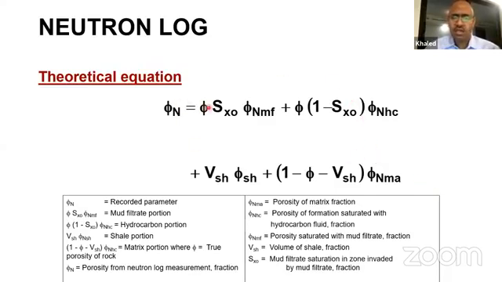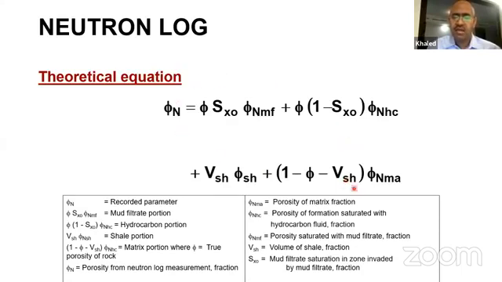So the neutron here is equal to the neutron coming from the water, plus the neutron coming from the hydrocarbon, plus the neutron coming from the shale, plus the neutron coming from the matrix, okay? If you assume everything is water, this one becomes the neutron coming from the water, which is the porosity. The V shale, we have it from the previous step. Remember that we calculated the V shale from the previous step.